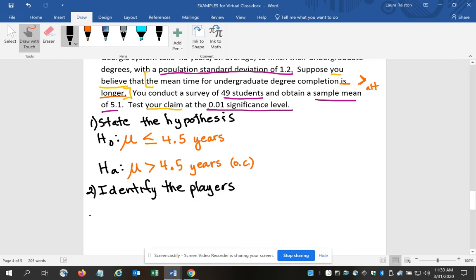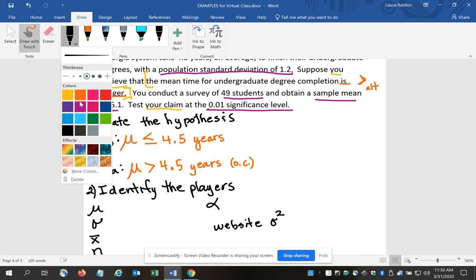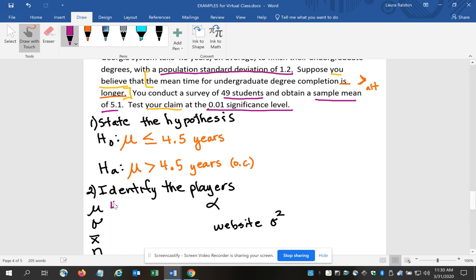And again, you need the mean, the population standard deviation, the sample mean, the sample size, alpha, and for our website, we know that we need the population variance. And so, again, I've kind of identified all those things in the story already. My population mean comes from the hypothesis, which is 4.5.